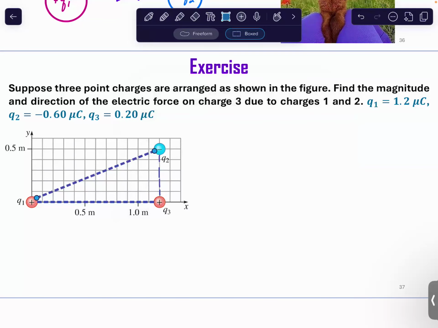And now there's going to be two forces that are present on charge 3. We have positive X and positive Y set. Okay, so let's say force 3-1. Which way is it going to point? To the right. Why is that? Well, same sign. They're both positive charges, so they're going to repel.